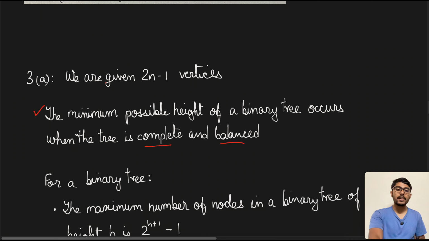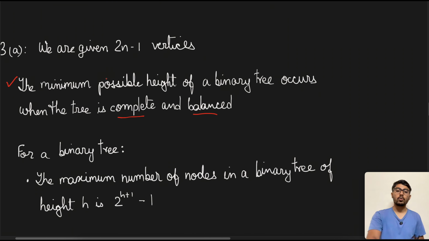For a binary tree, the maximum number of nodes in a tree of height h is 2 raised to power h plus 1 minus 1, right? You can put height 1 and see what it brings out. If we do 1, we get 3 nodes, which makes sense because height starts from 0 and then goes down to 1, correct?